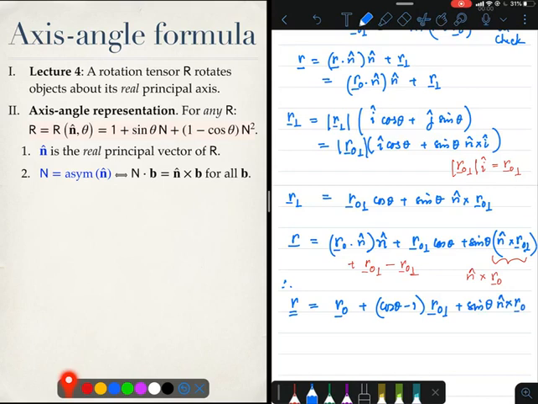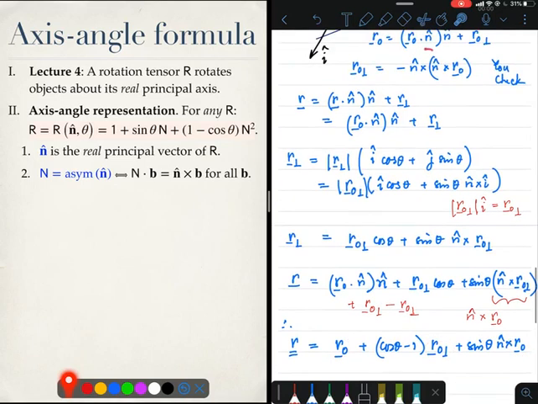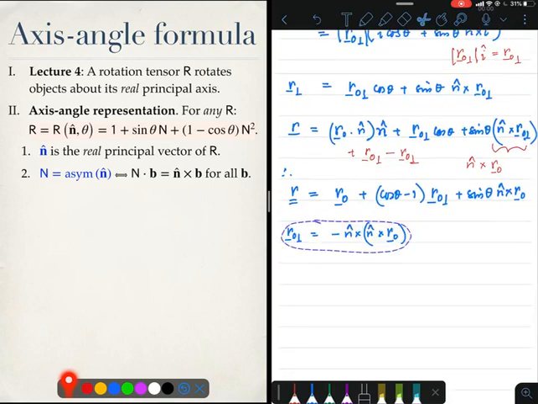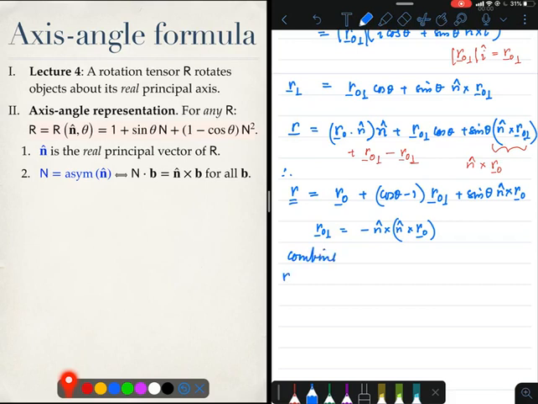Almost home, just that I have r0 and r0 here, but here I have r0 perp, but thankfully I have derived a formula over there. r0 perp I can express in terms of r0. So let's copy this formula from here and put it over here and combine these two. So combine to get something fishy here.